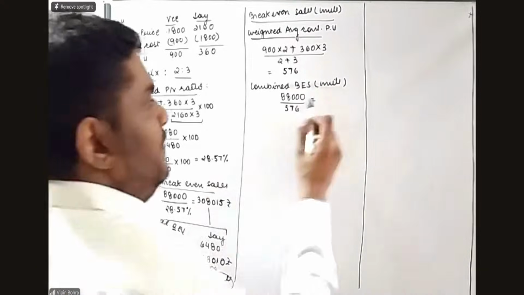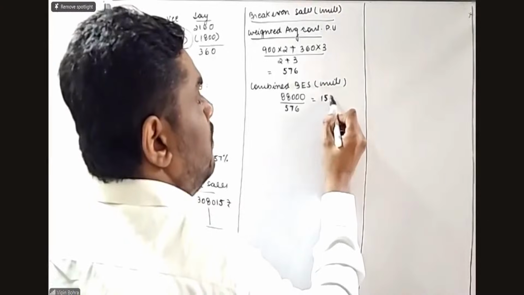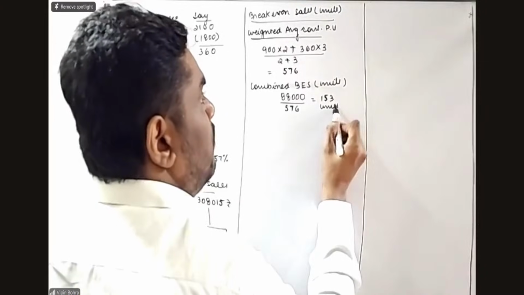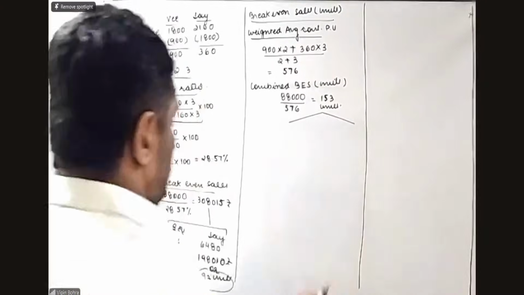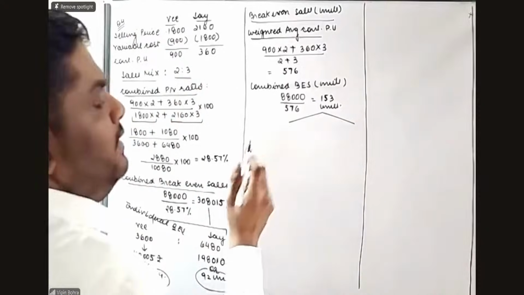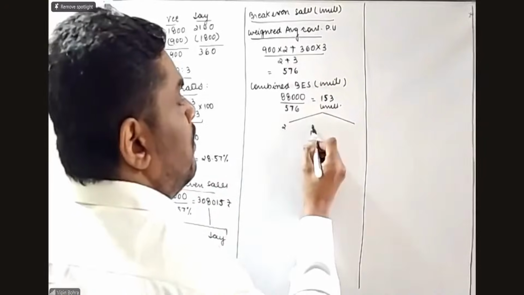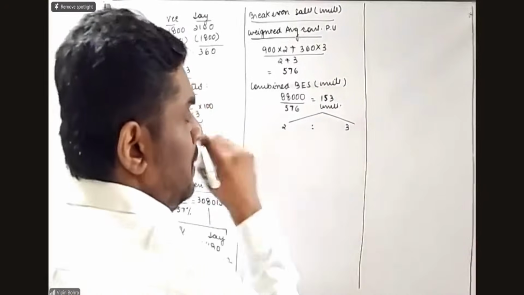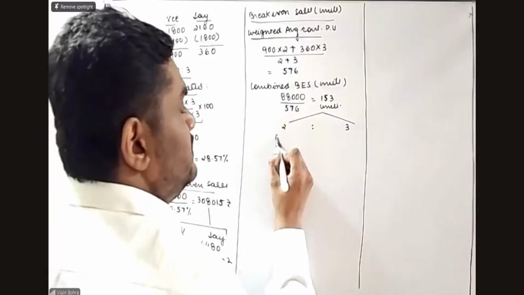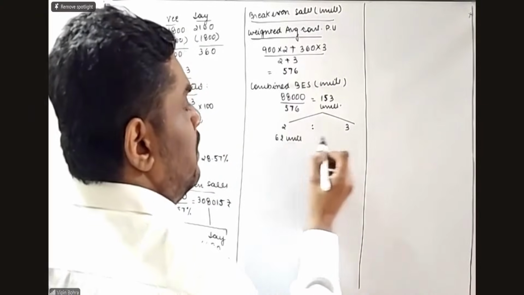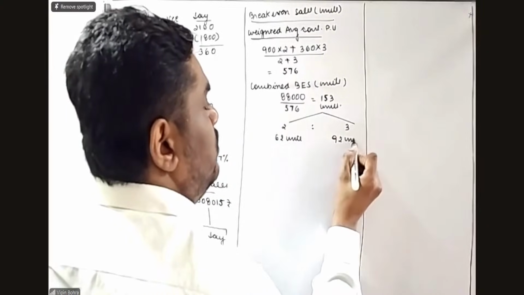We'll get 153 units. This will be distributed in the ratio of 2:3. That is 62 units and 92.